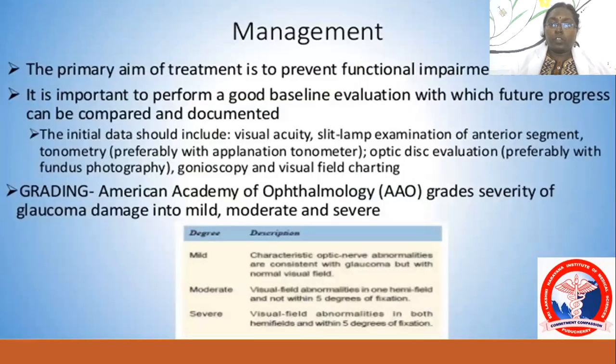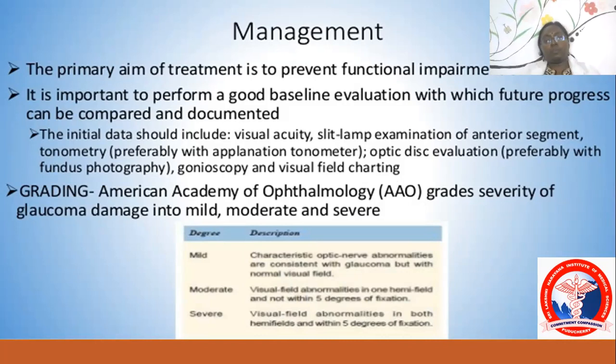Management: the primary aim of the treatment is to prevent functional impairment of vision. It is important to perform a good baseline evaluation with which future progress can be compared and documented. So when a patient comes, you check the visual acuity, intraocular pressure, and do a slit lamp examination of the anterior segment.